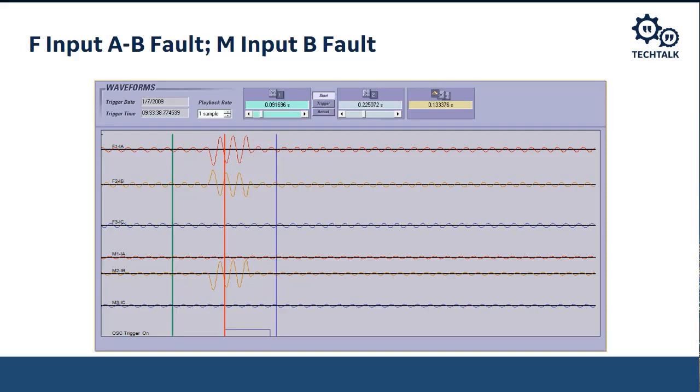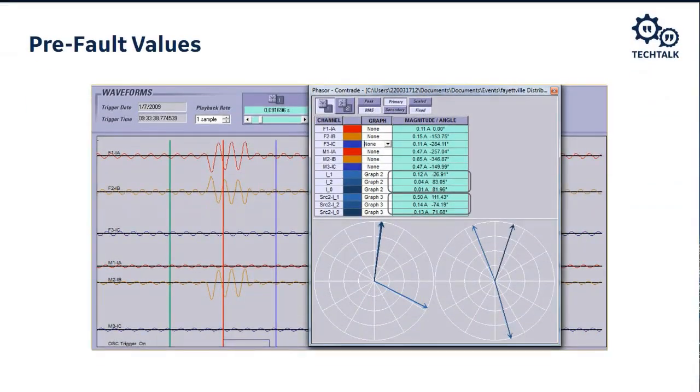The other thing that would be interesting to see, we've already examined this fault pretty heavily, would be to see what the sequence components are on this particular fault. And as it turns out, I'm using InterVista UR setup to analyze this fault.